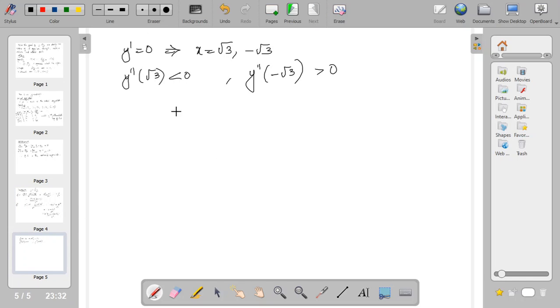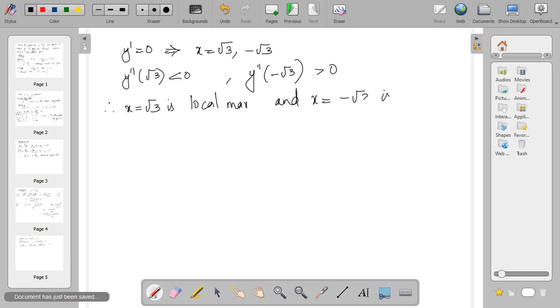So therefore x equal to root 3 is a local maximum and x equal to minus root 3 is a local minimum. So that is the local maximum and local minimum value.